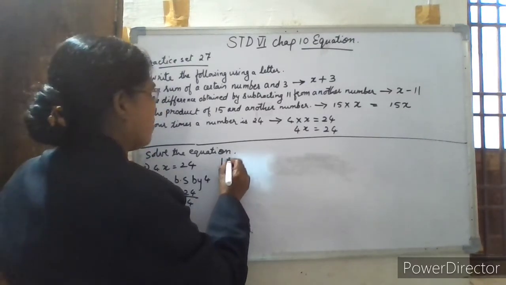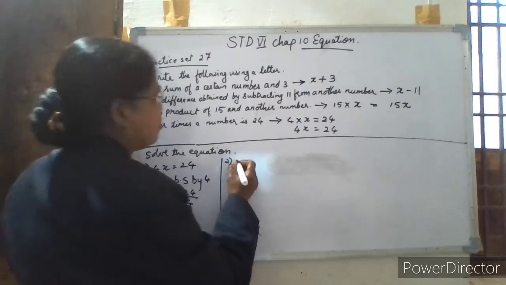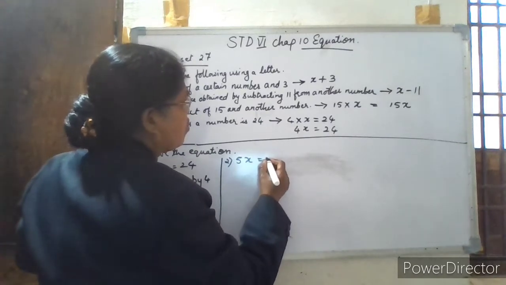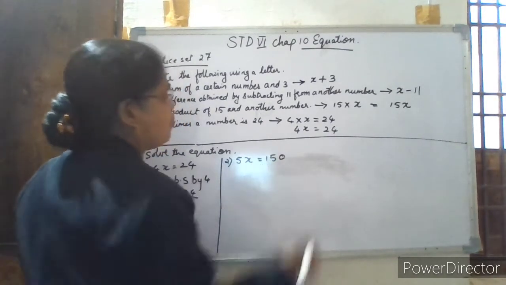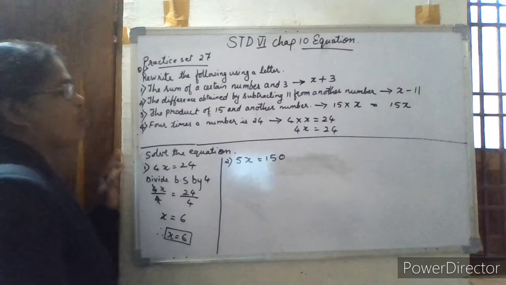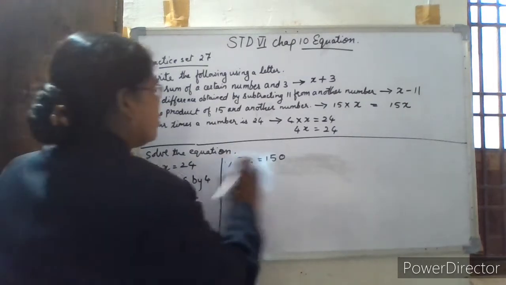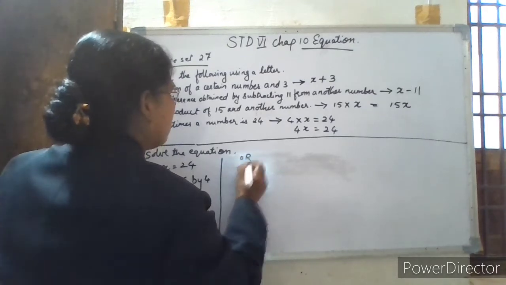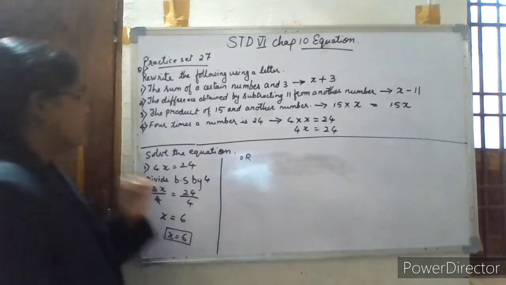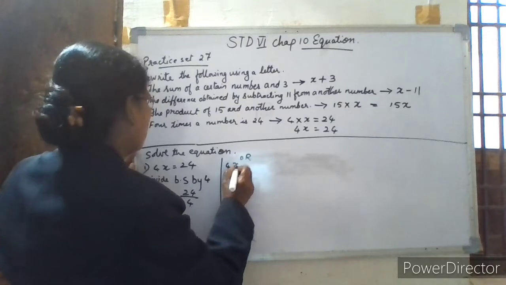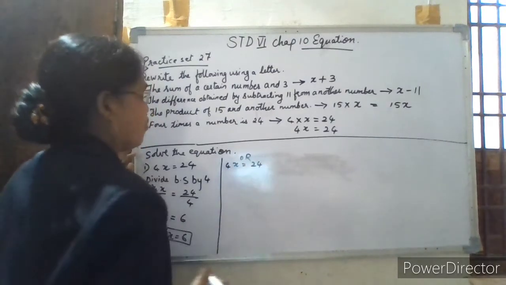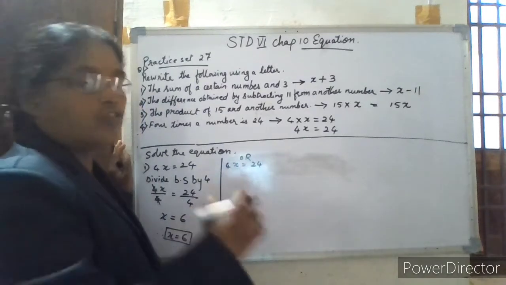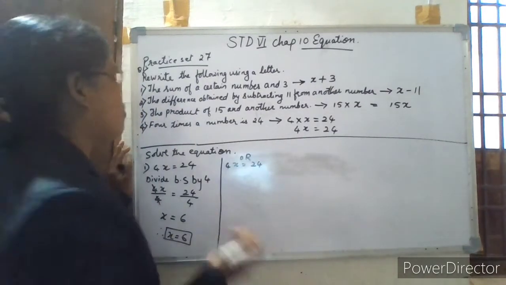Now the second method. Take the equation 4x is equal to 24. Directly, 4 is multiplied by x, so when we take it to the other side it gets divided.